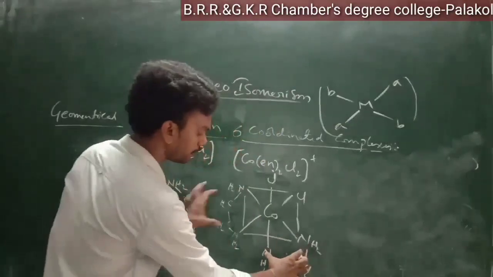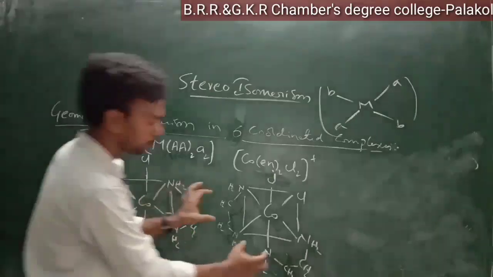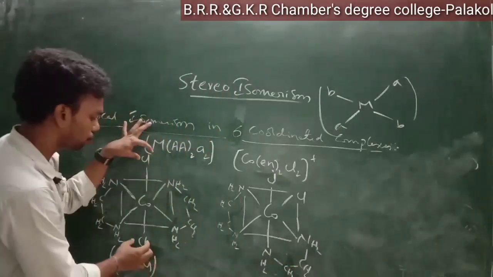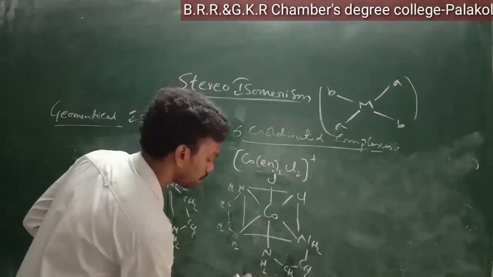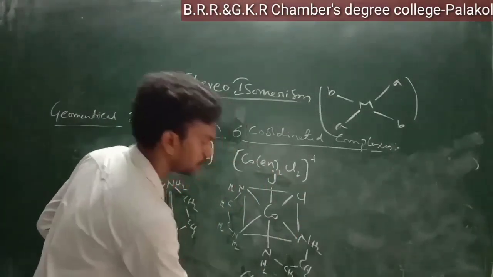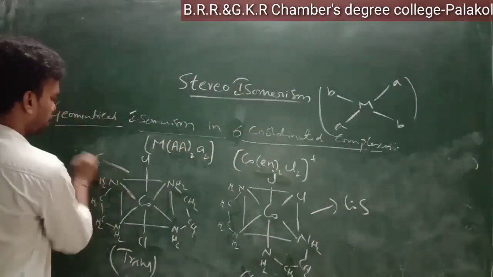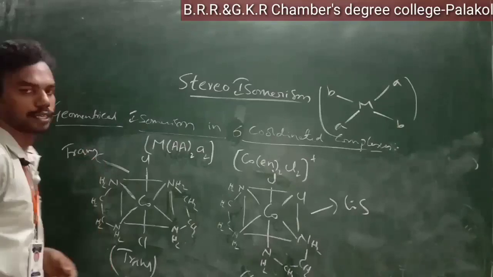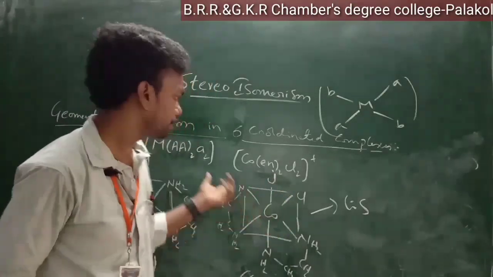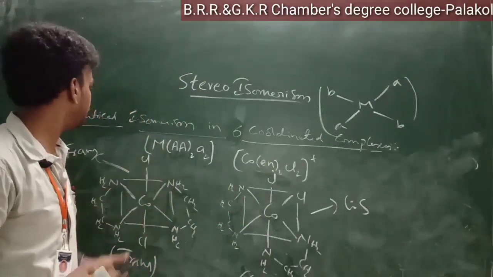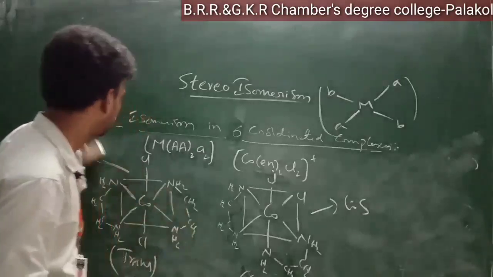Okay, this is one ring, this is another. Here two rings on opposite side. Here two rings in adjacent side. Here two chlorines on opposite side. Here two chlorines on adjacent side. So this is a cis isomer. So this is cis and this is a trans. Okay, because two chlorines on adjacent side, adjacent positions. Okay, so this is geometrical isomerism in a 6 coordinate complex.